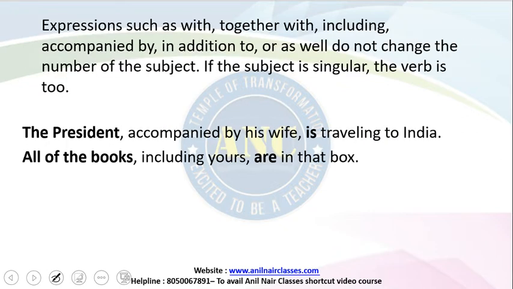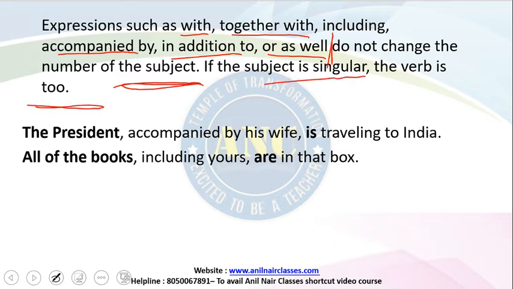When you have expressions such as with, together with, including, accompanied by, in addition to, or as well as, these do not change the number of the subject. If the subject is singular, so is the verb.